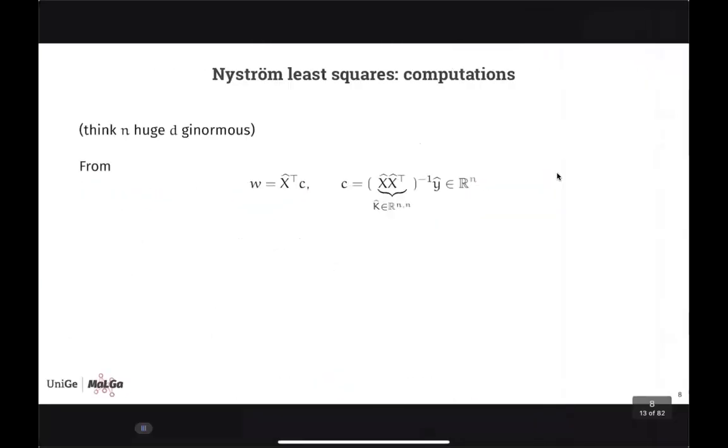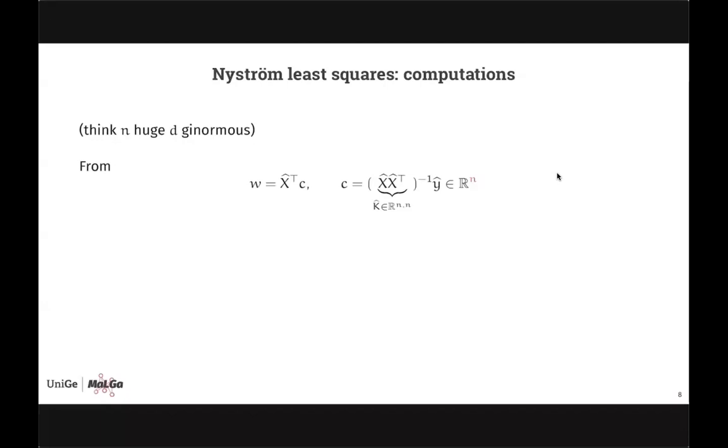Another observation is that we can draw conclusions from a computational point of view. We can, of course, solve the original least squares problem. I'm thinking of a situation where D and N are both large, but D is larger than N. So this is the case where the W admits this solution. So they are a linear combination of the input data, and the coefficients are given by the inversion of this matrix here.